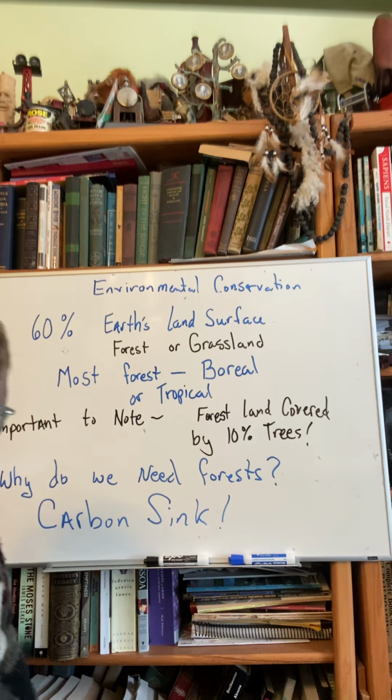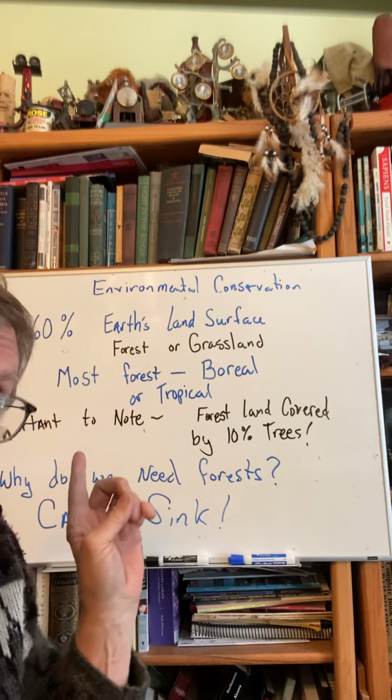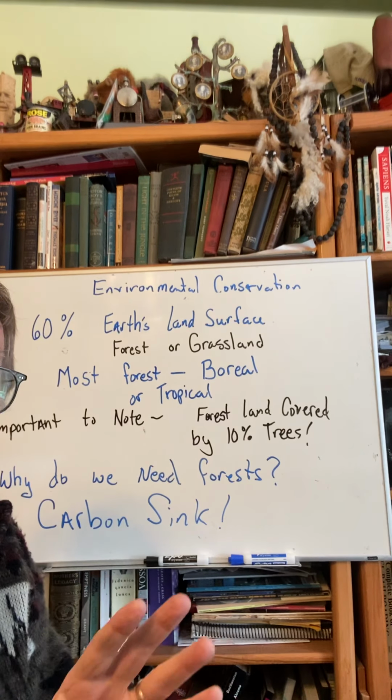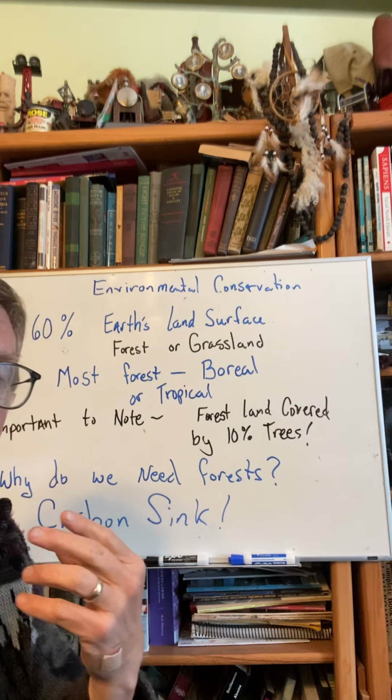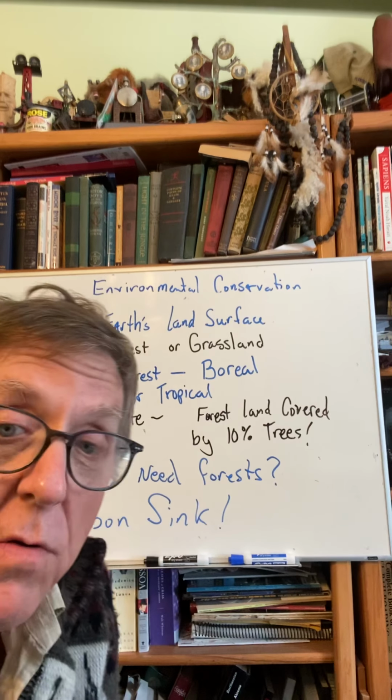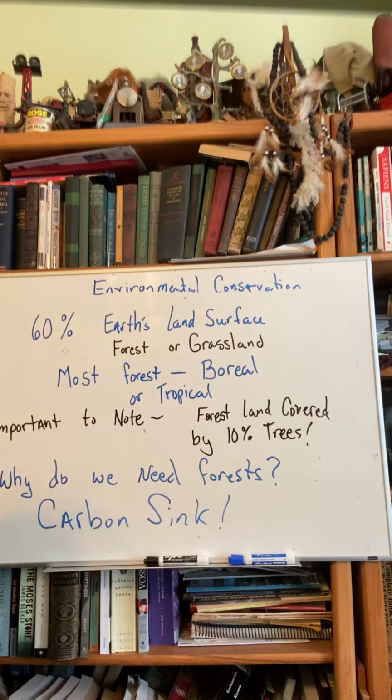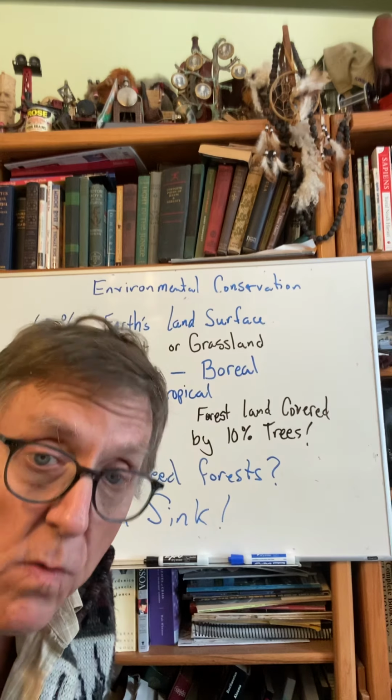And another point that is very important in our analysis of forest and wild spaces is how do you define a forest? Well, internationally, a forest is any land that is covered by at least 10% trees.